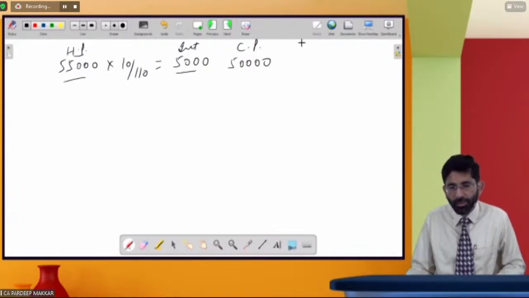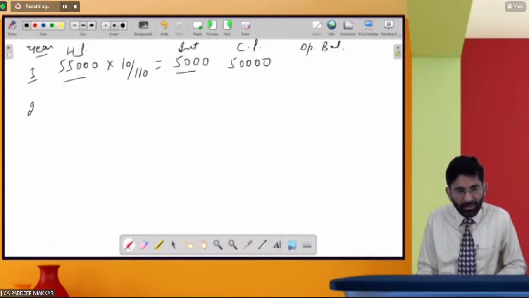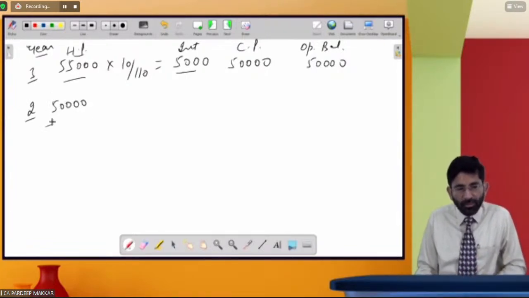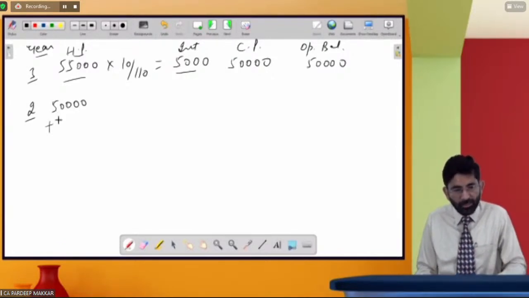Now, what he has done, this is opening balance of which year? Year is also given to you, third year. In the second year, what will be the opening balance? Whatever is the balance of previous year plus whatever is the amount paid in this year, that is 49,000, he says.